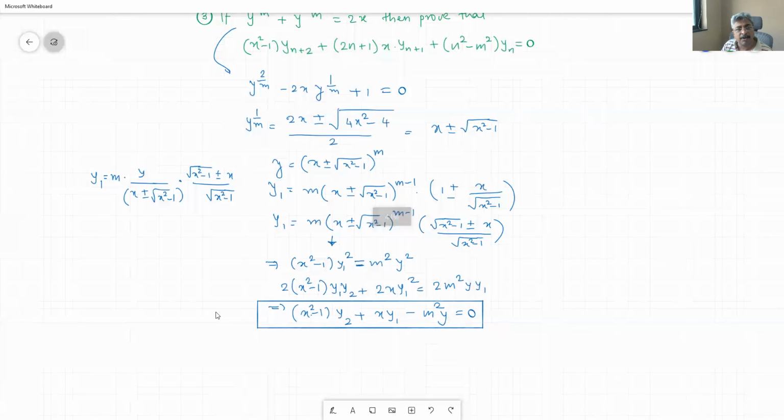It is more of an algebra problem than a differential calculus problem. The only thing is that whenever you are supposed to take a derivative, you differentiate. Otherwise, it is an algebraic simplification problem. So from here, to get this is again applying Leibniz to each and every term. Apply Leibniz to this separately.